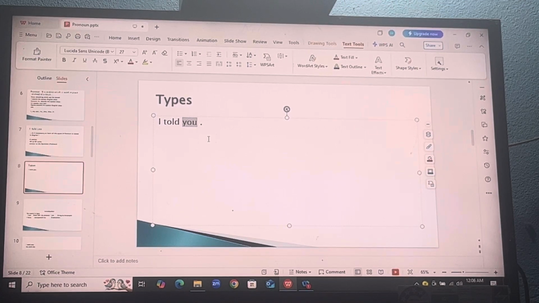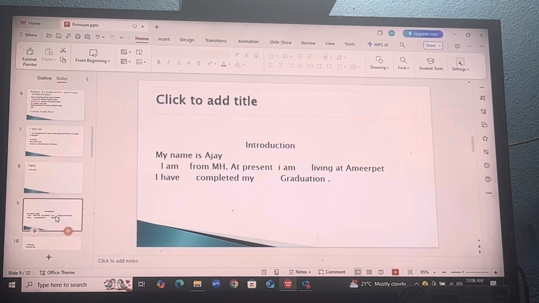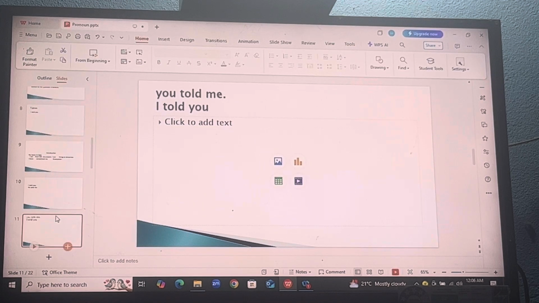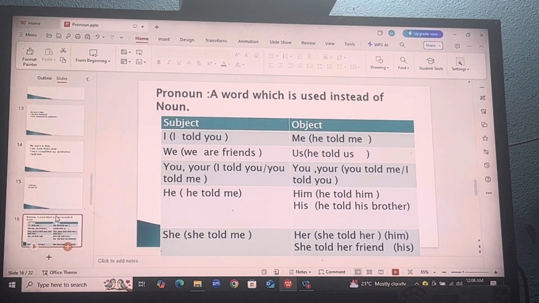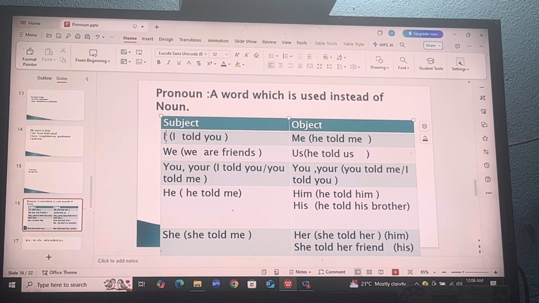Though we have many types of pronouns, our main concern is only to form a sentence. So instead of learning all the types of pronouns, we just need to learn only two types, subjective pronoun and objective pronoun. Now, what is a subjective pronoun and what is an objective pronoun?